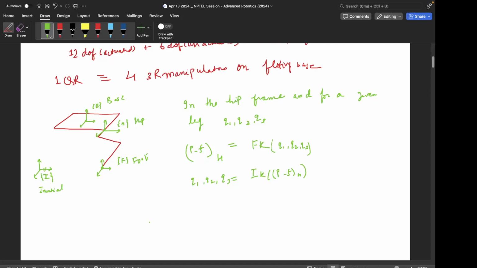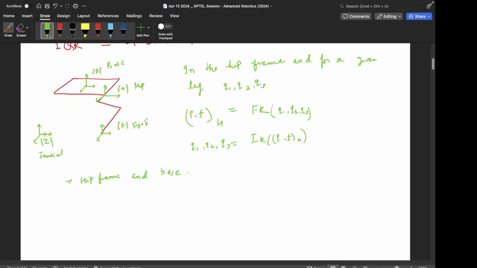And what's the relation between the frames? So the hip frame and base frame, they are just separated by a translation.